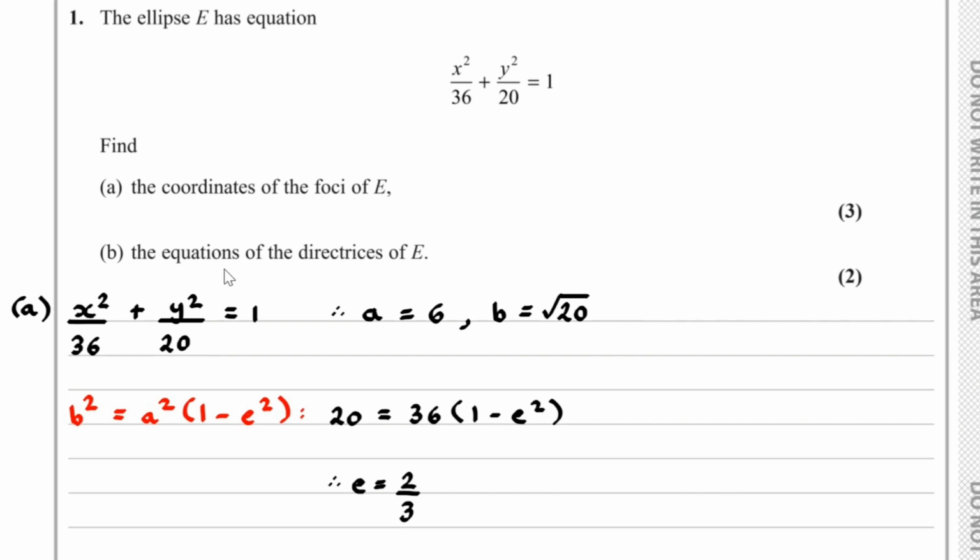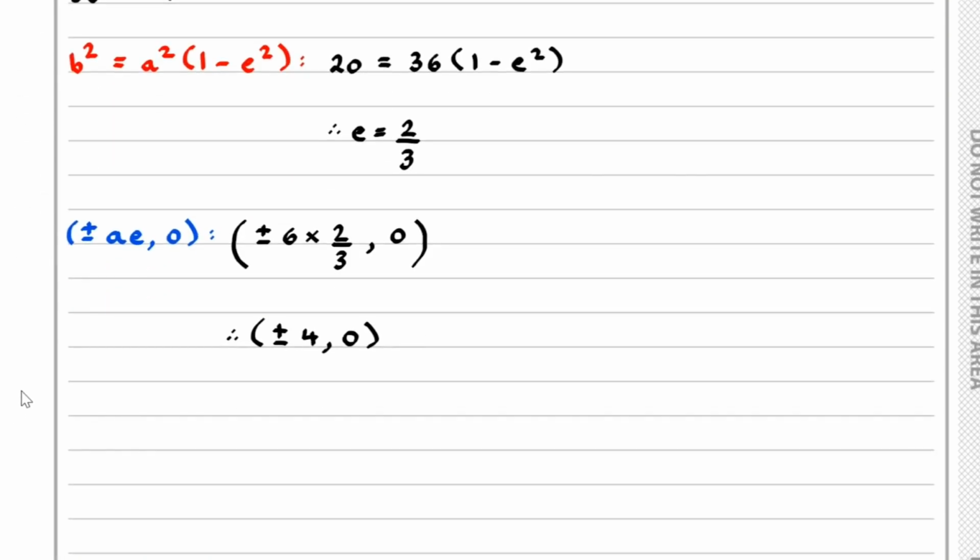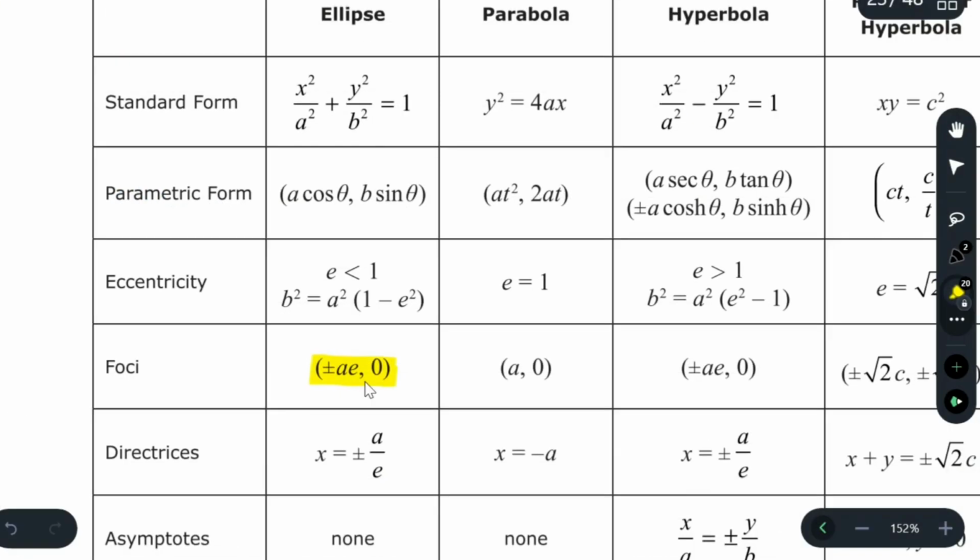Now, for part B, we have to find the equation of the directrices of E. Well, for part B, the equation of the directrices is given by the result shown here, x equals plus minus a over e.